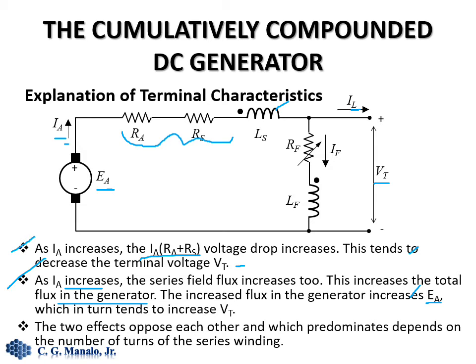If the increase in V T due to the increase in flux has a greater influence over the voltage drops, then you will have an overcompounded DC generator. But if the drop predominates over the increase in voltage due to the increase in flux, then you will have an undercompounded generator. Somewhere in between, you will get a flat compounded DC generator.